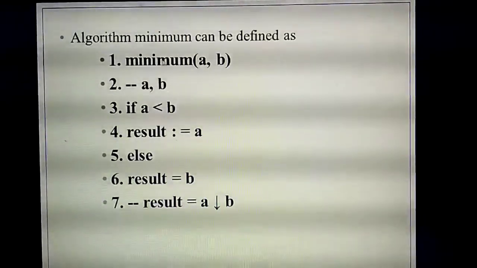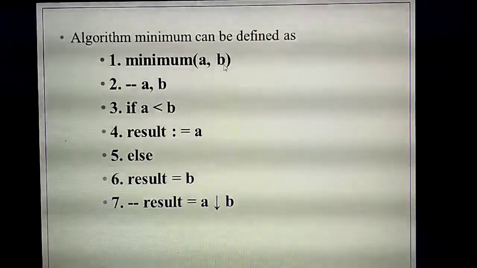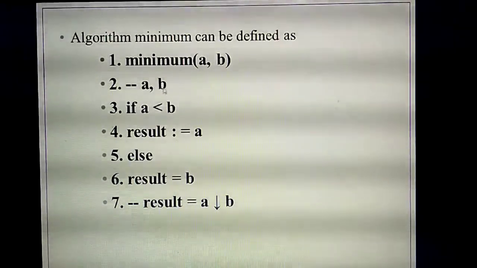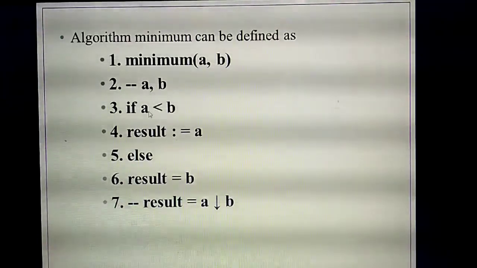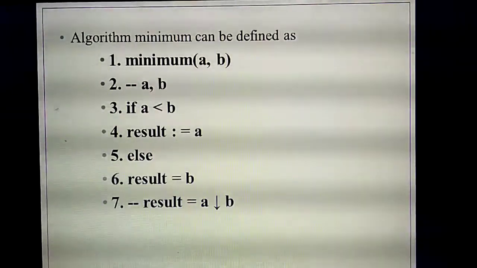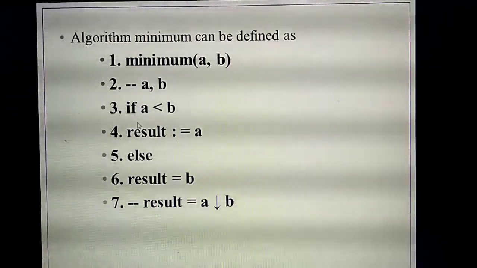Listen. So the first step we are writing is Minimum, that means the name of the algorithm, Minimum of A comma B. Second, we are giving input A and B. Next we are going to find the minimum of numbers using an alternative statement. Alternative statement means two statements will be there, true as well as false. For that you need to give the condition first.